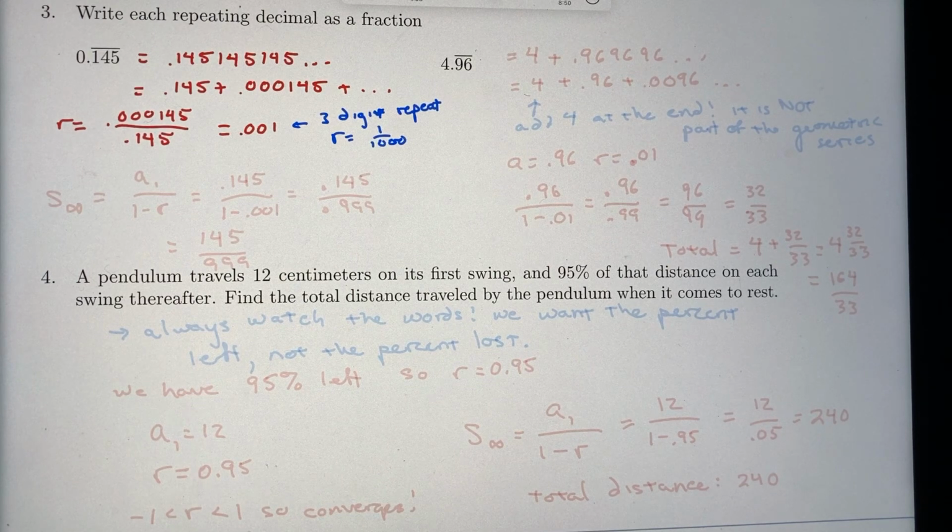One digit, 0.1, 2 digits, 0.01. Let me draw that prettier.